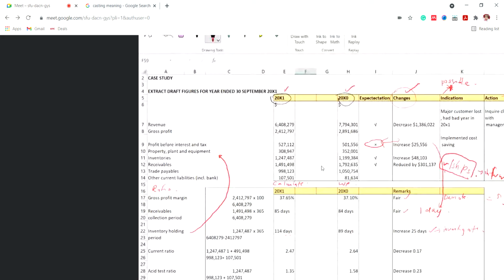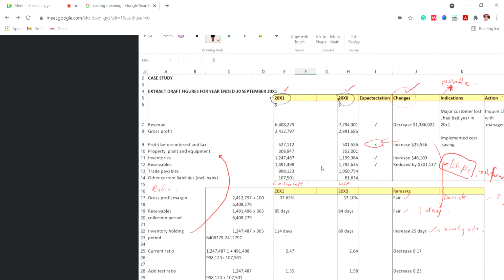You don't need to memorise, but you must know the items in the statement of profit or loss and comprehensive income, and the items in the statement of financial position.